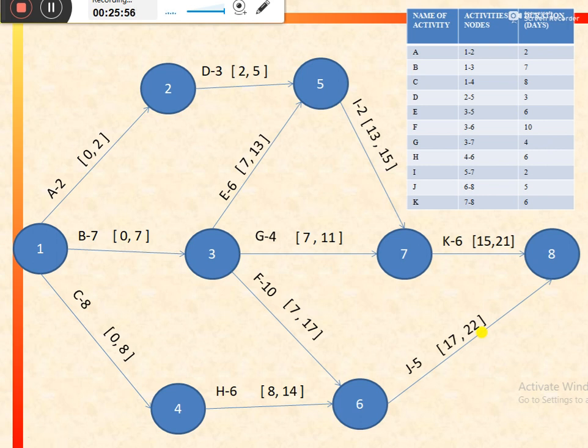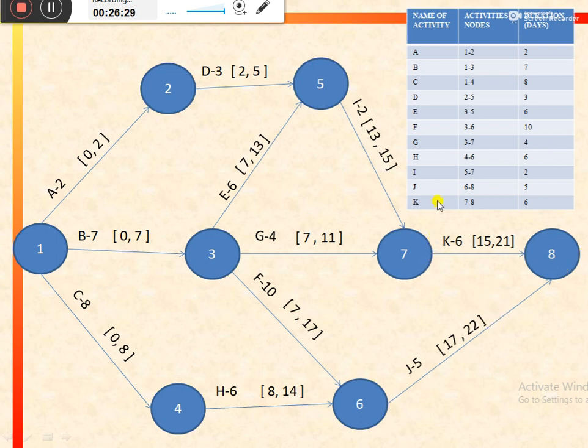Remember, if the maximum time period is given, like suppose if 50 days are given to complete this project, in that case we would consider 50 for calculating the latest start and latest finish for the project. But we are supposing that the maximum time is not given, so we would consider the highest earliest finish time for this project. So that is equal to 22 days.